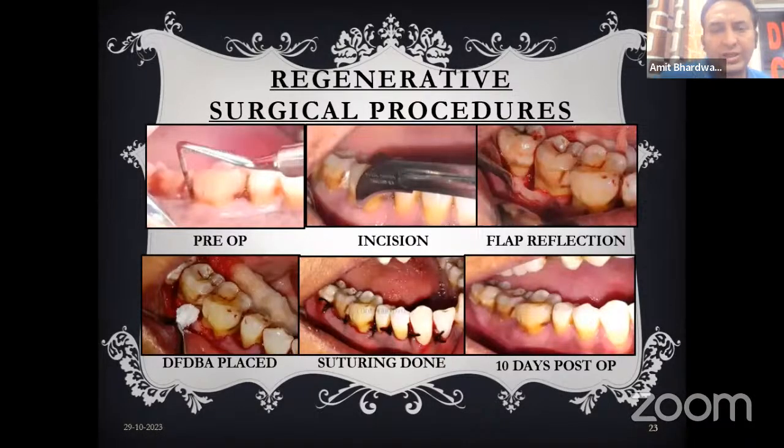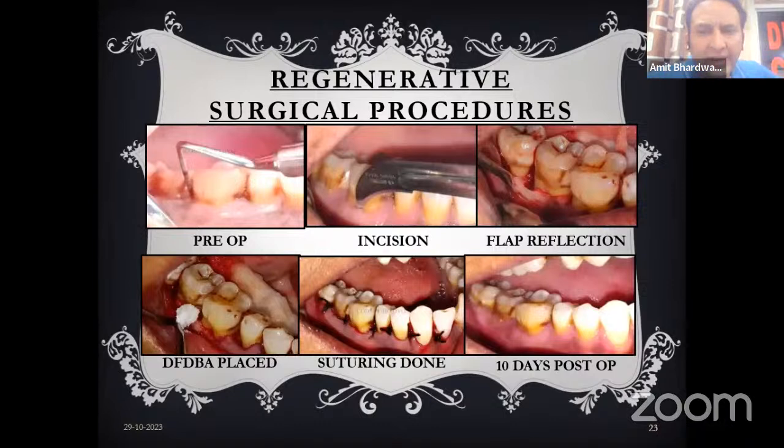Regenerative surgical procedure. Earlier we did resective, in which bone needs to be trimmed. Regenerative means we need to regenerate the bone. So we have to use a bone graft, a GTR membrane, or any other supplement to enhance the bone where it is lost in periodontal condition. Again, anesthetize the patient, raise the flap, see the underlying condition, and fill the bone graft of your choice, whether autogenous, alloplast, or xenograft, whichever is suitable, affordable, and best for your patient.